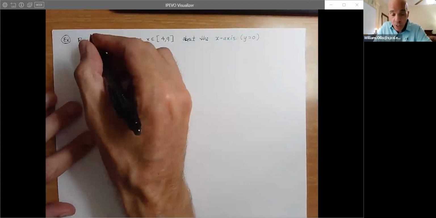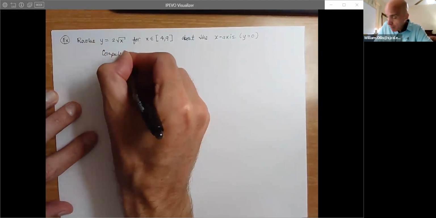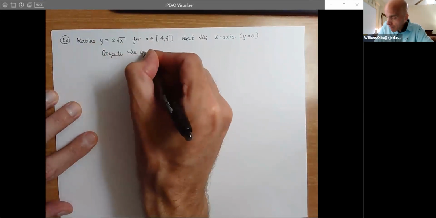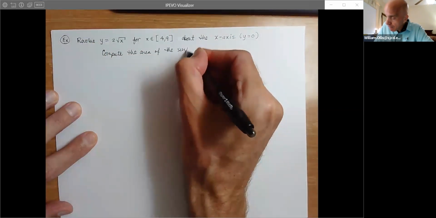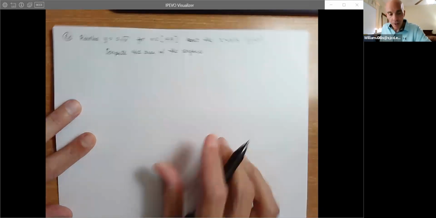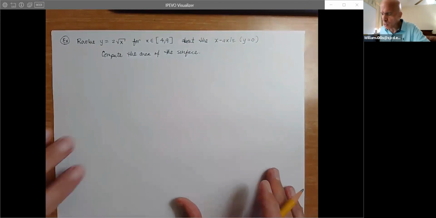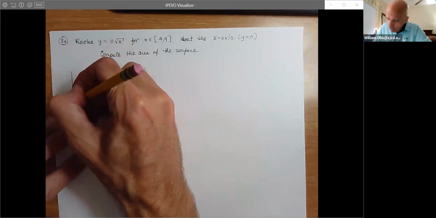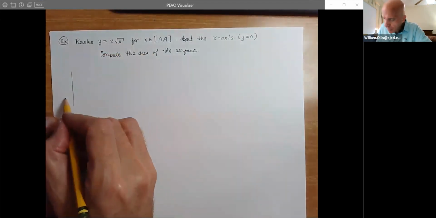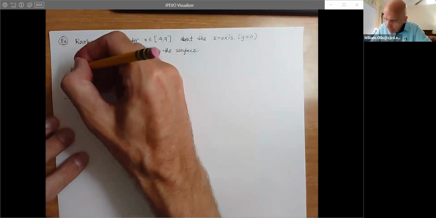So what we want to do is compute the area of the surface. In this particular case, the picture is not required, but we like the picture just because it gives us a little bit of idea of what we need to do. So we'll just do a plain Jane picture and not anything very elaborate.